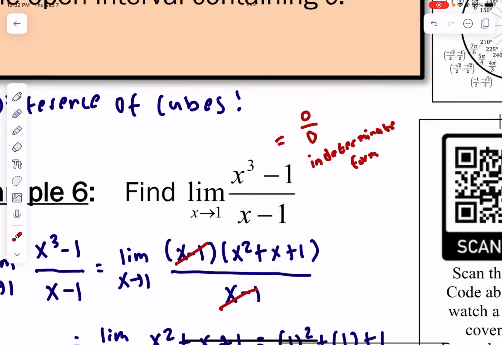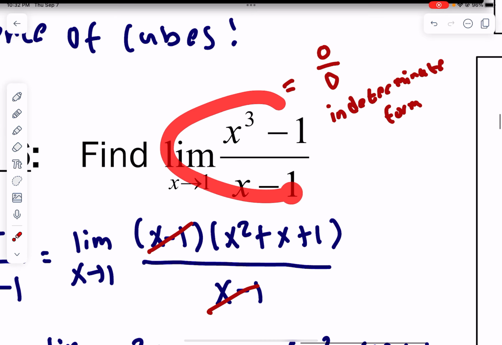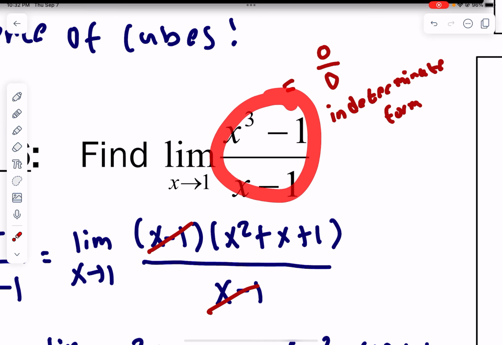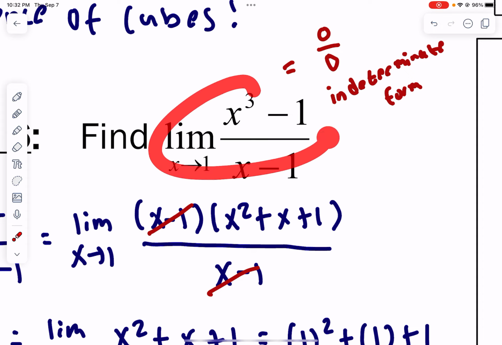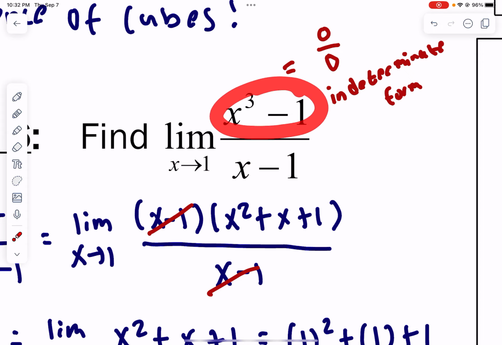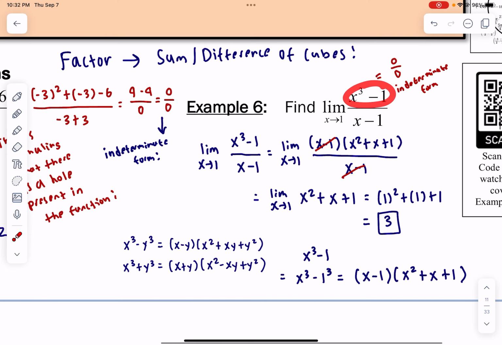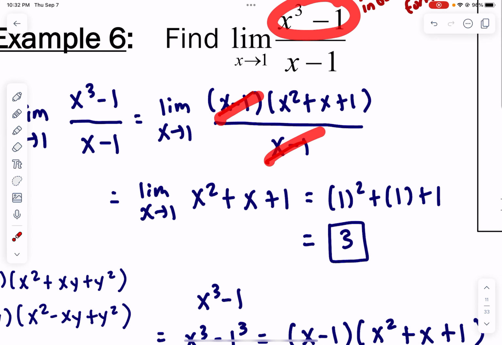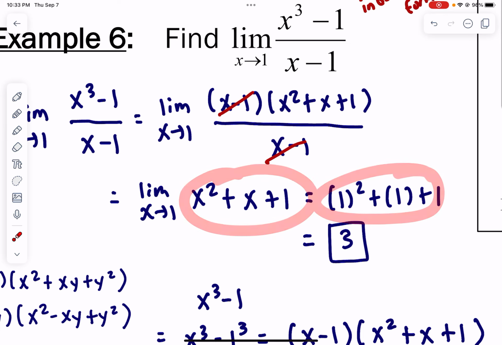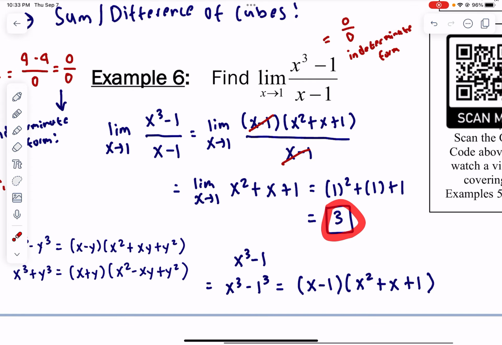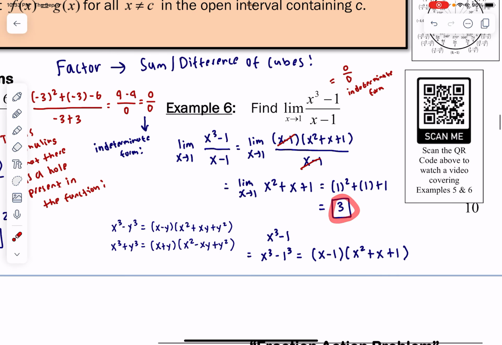So because of that, we're unable to work with this expression. So the only other way to work with this limit is to be able to factor x cubed minus 1. And then that allowed us to cancel out the x minus 1s. And then ultimately we were able to evaluate and plug in our 1 in for x. And ultimately we got 3 for our limit. And that's pretty much it.